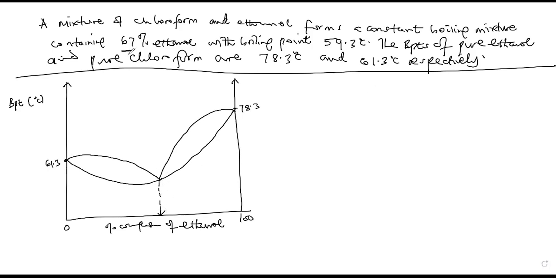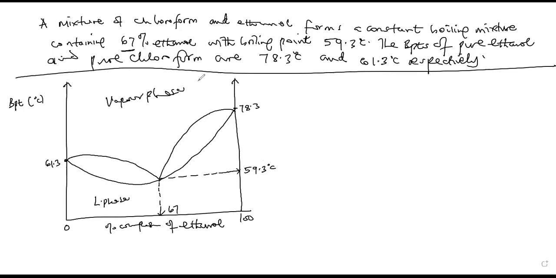They have told us that it is formed at 67% constant boiling mixture, and it is boiling at 59.3 degrees Celsius. So this is the liquid phase, and this is the vapor phase.